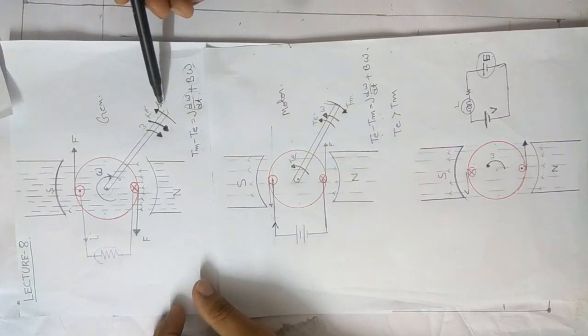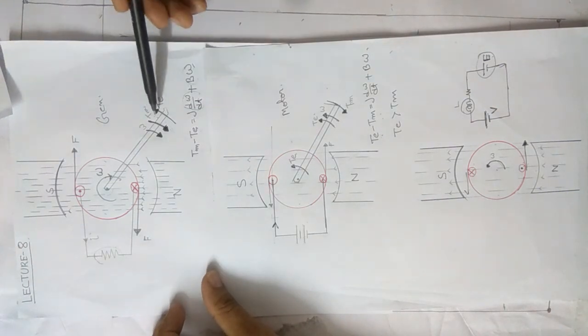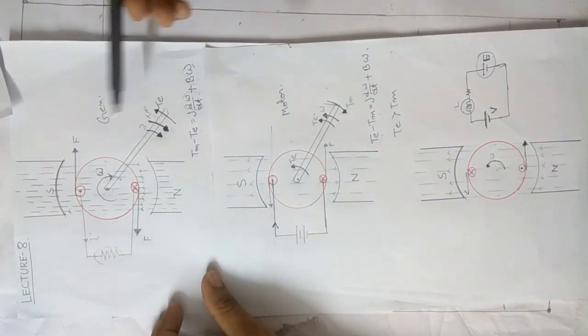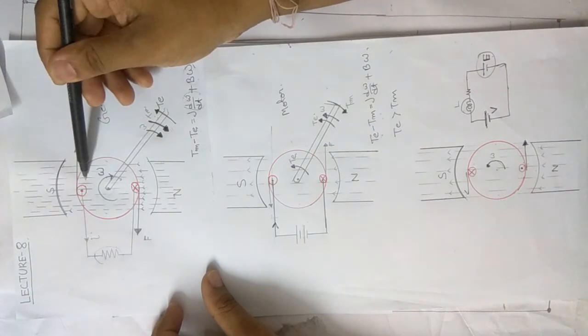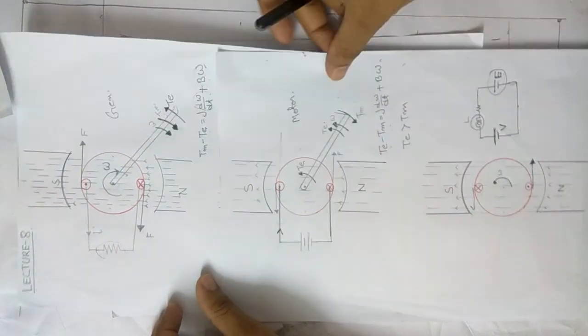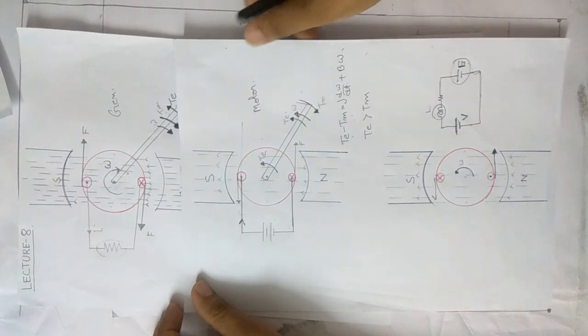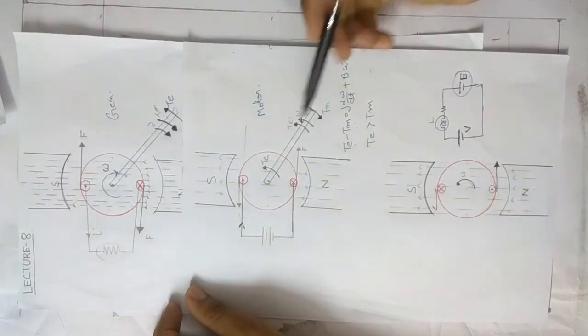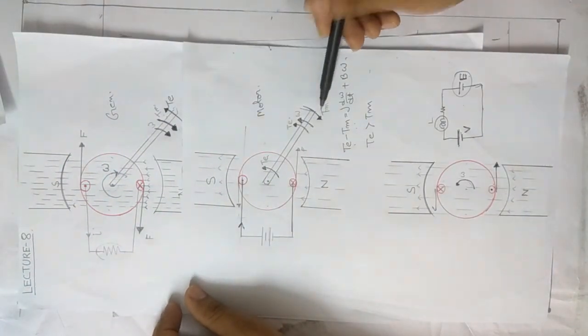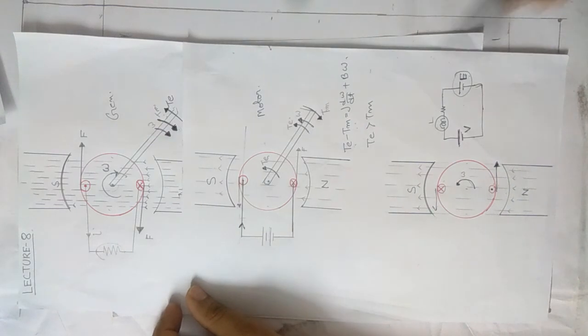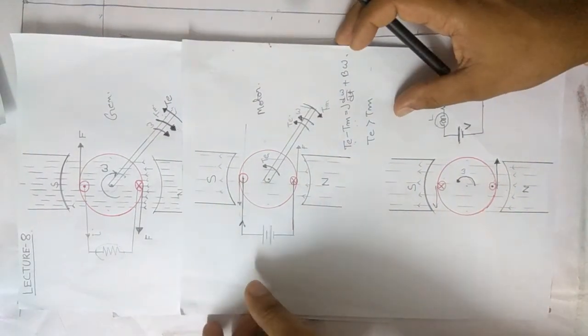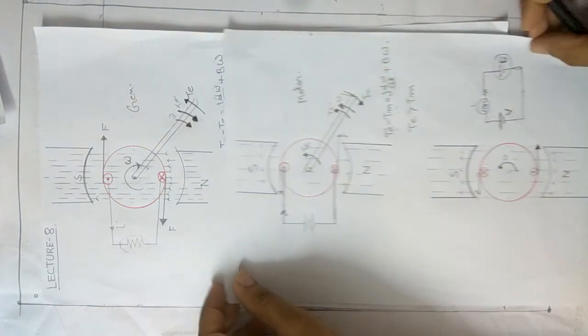So from today's discussion, what we have understood is that in a generator there is an electromagnetic torque, there is a mechanical torque, there is an induced voltage, and in a motor there is an electromagnetic torque, there is a mechanical torque, there is an induced voltage. So a motor and a generator are the same, one and same, exactly the same.